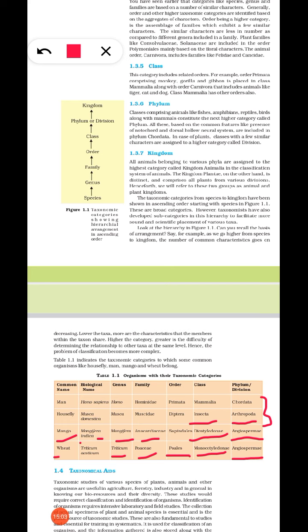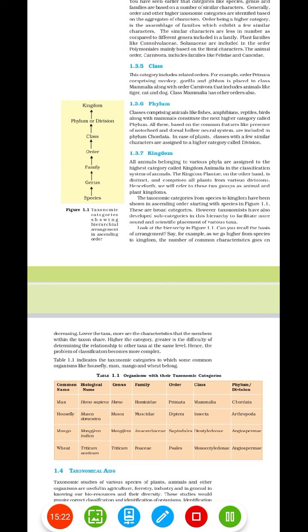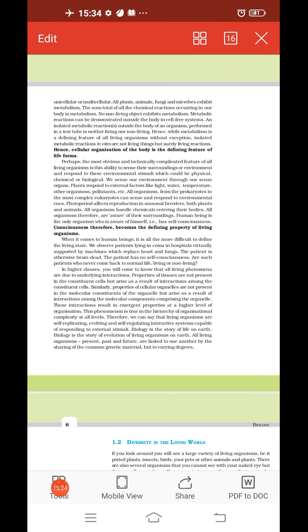In this table, whatever names are given, that you are supposed to learn. In your NCERT book, whatever is given, you are supposed to read. So these are the scientific names. Let's study only these portions from this chapter, because some part of this chapter is removed. Whatever we have studied in this chapter, do you remember?